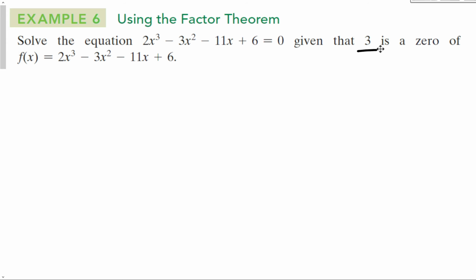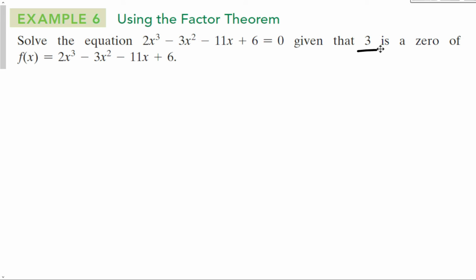If you know that 3 is a 0 of the function, that means f of 3 is equal to 0. That means that x minus 3 is a factor. That means that I can factor out, right? This is what I was talking about before.